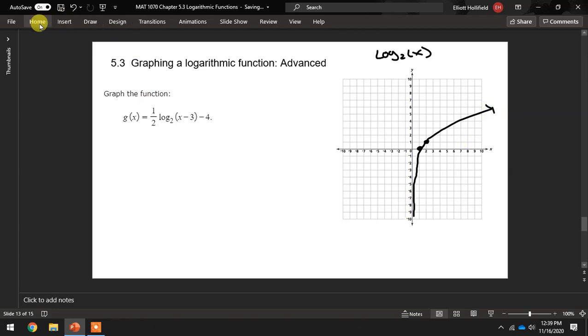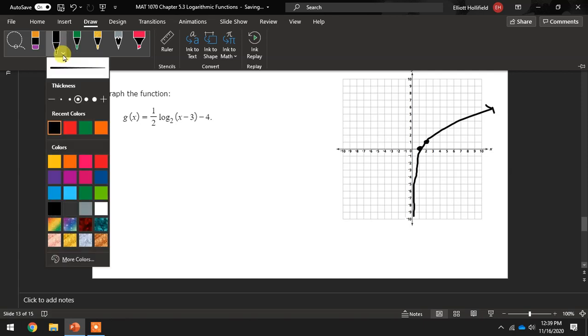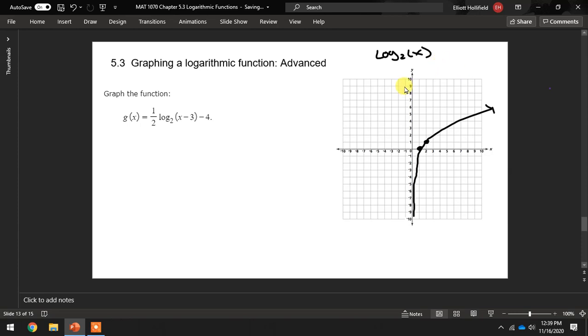Nice quick sketch. Now in a different color, let's put the graph of 1/2 log base 2 of x minus 3, minus 4.